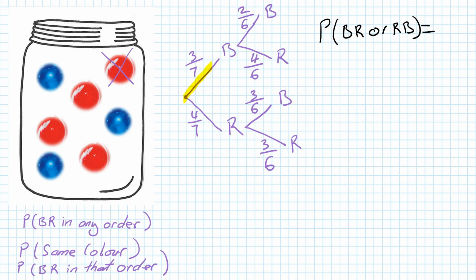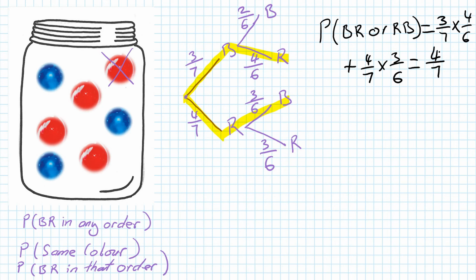So blue red or red blue, which is equal to 3/7 times 4/6, plus 4/7 times 3/6. If you put that in your calculator, you should get 4/7. So 4 over 7.